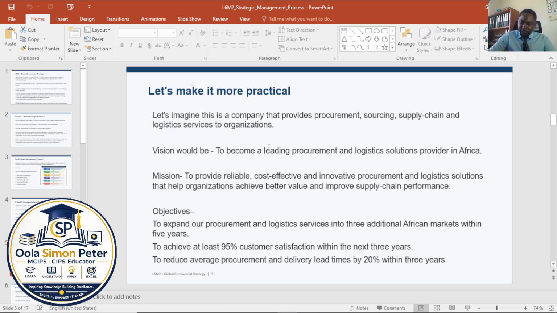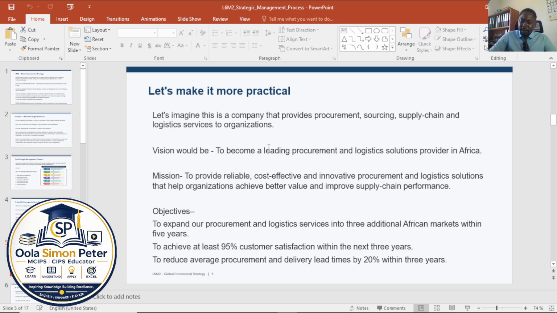What are the objectives of PrimeLink? To expand our procurement and logistics services into 3 additional African markets within 5 years. Then to achieve at least 95% of customer satisfaction within the next 3 years. And to reduce average procurement and delivery lead times by 20% within 3 years.